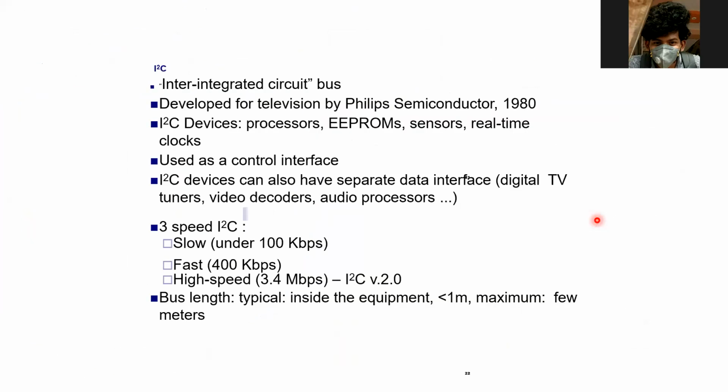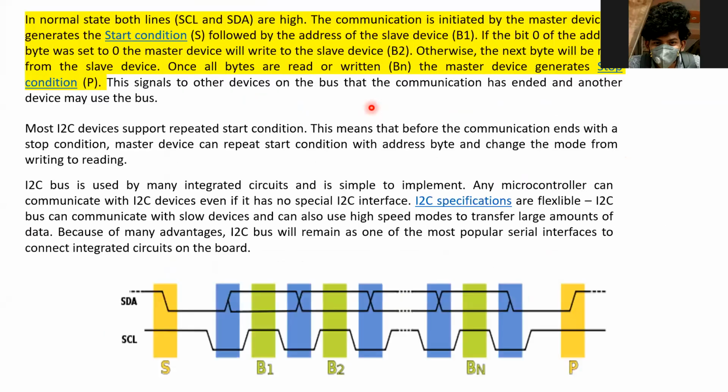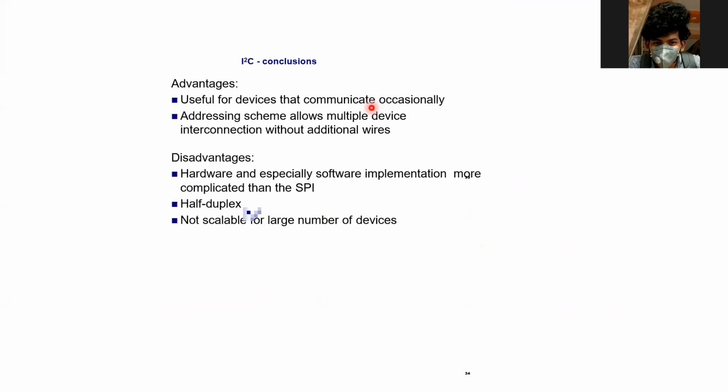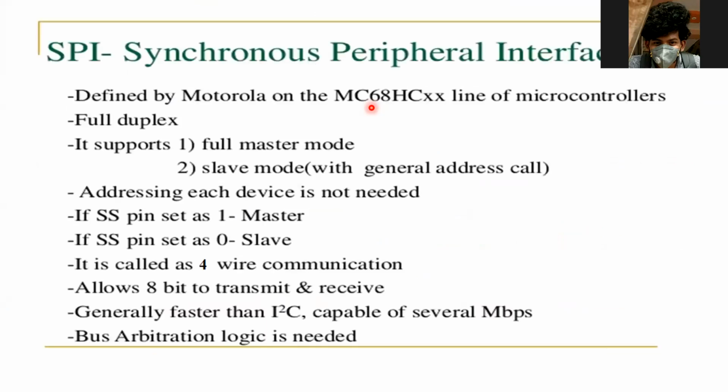I square C is developed by Philips. CAN protocol, who developed it, does anyone remember? Robert Bosch.